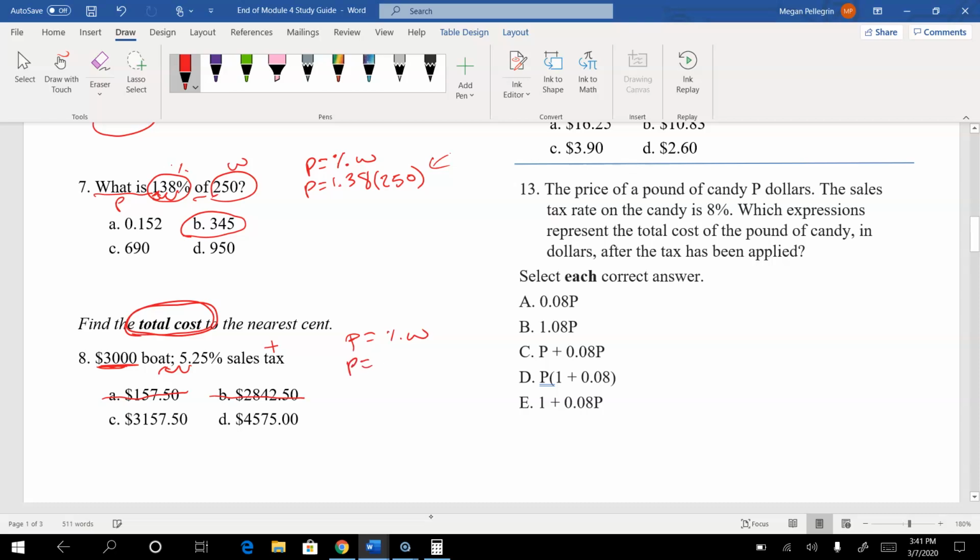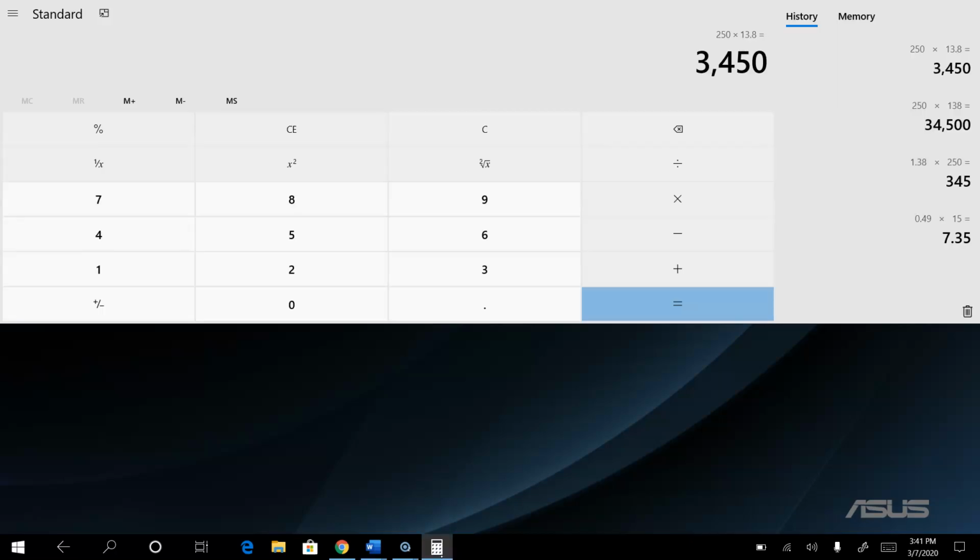So we're looking for the part. 0.0525 times 3,000 equals $157.50.